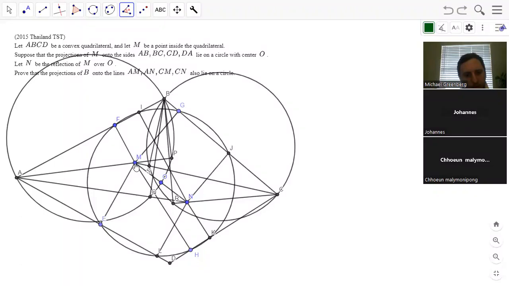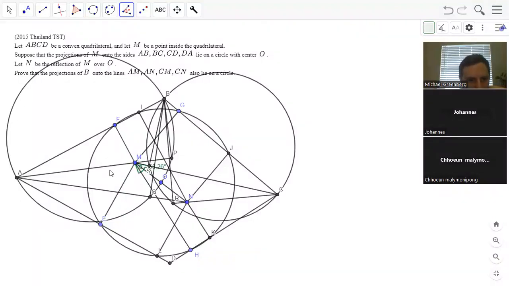So we want to show AMB plus CMB is 180, I think. I think that's right.